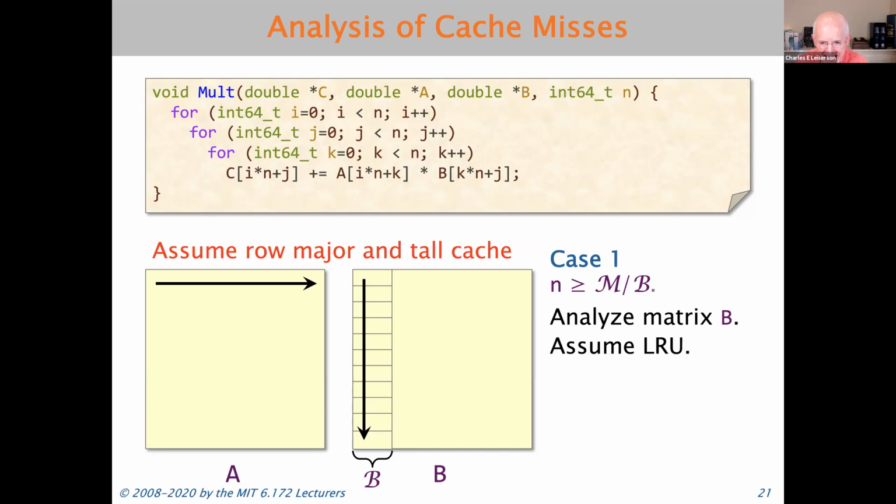Now, every access to B causes a cold cache miss for a total of n cache misses for B. Not a problem. We expect if it's cold, we're going to have to bring it in. Okay. So now we increment, excuse me, we increment J. So we now have I equals 0, but J is now 1.